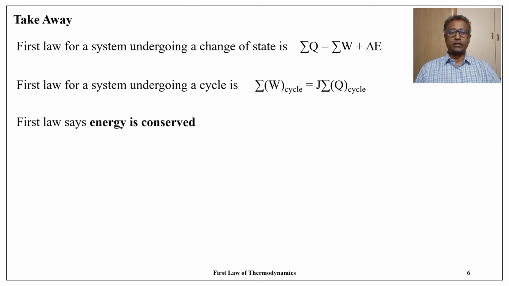So it is something like the law of conservation of energy. And energy, E, is an extensive property of the system, meaning energy depends on the mass of the system.